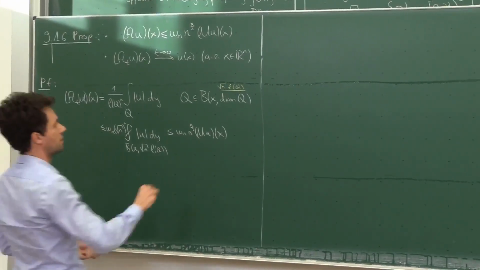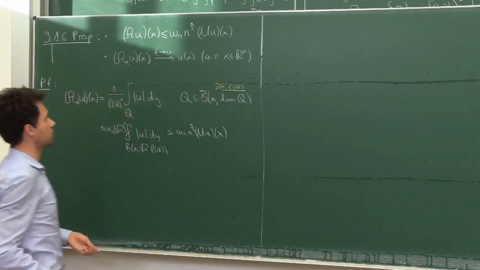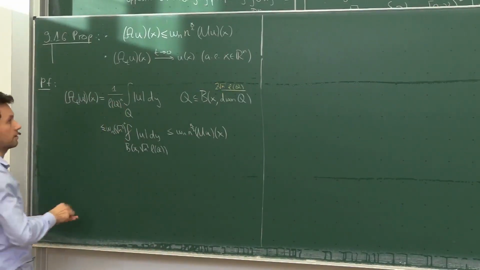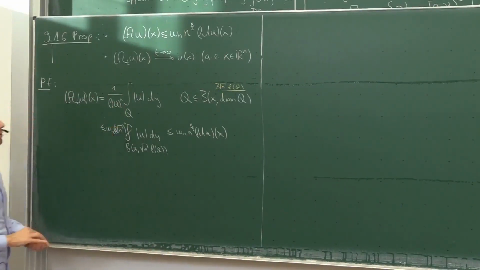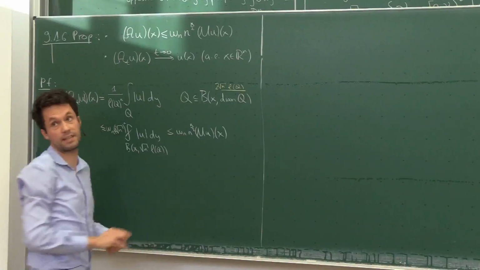Yeah, maybe you should put a 2 in there. You're right, because the ball is half open. Well, there are no points in the ball that have distance larger than or equal to square root of n times the length.